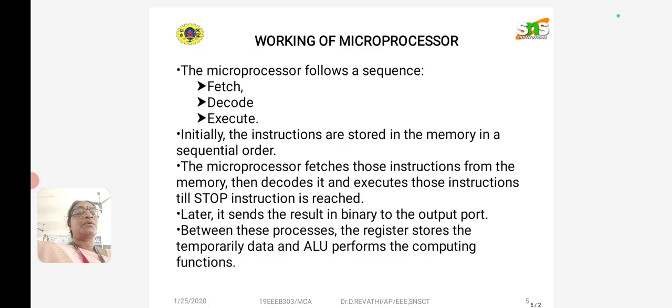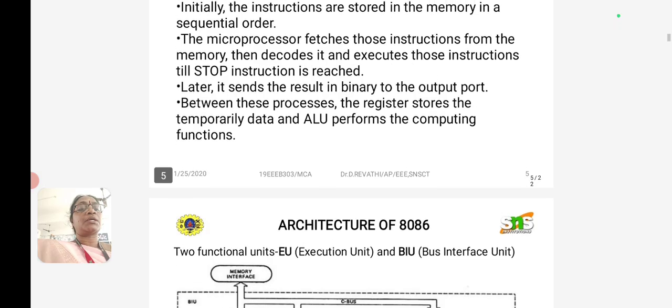The microprocessor fetches those instructions from the memory, then decodes and executes them until the stop instruction is reached. Later it sends the result in binary to the output port. Between these steps, the registers temporarily store the data, the ALU performs the computing functions, and the result is stored in the accumulator.